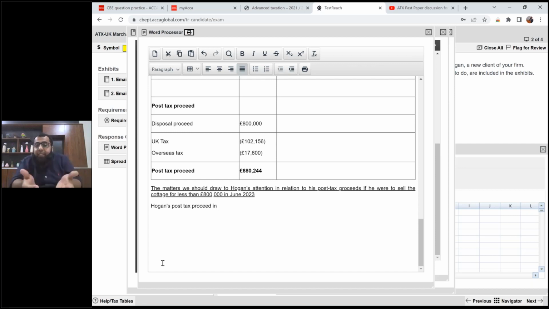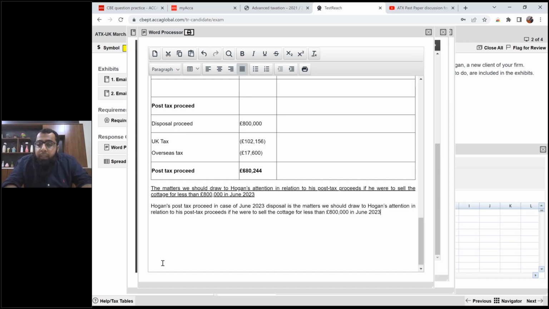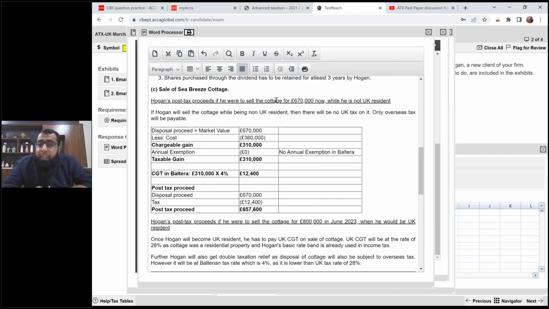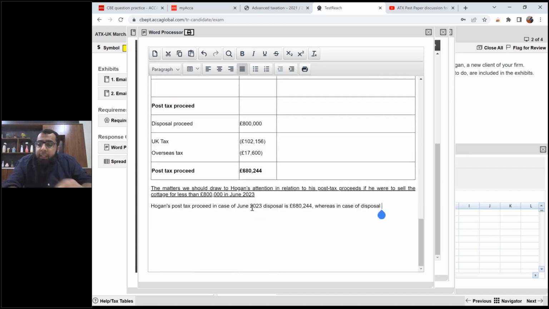While I draft the answer, I'll discuss it with you. Hogan's post-tax proceed in case of June 2023 disposal is 680,244, whereas if we were to sell it now, the post-tax proceed is 657,600.